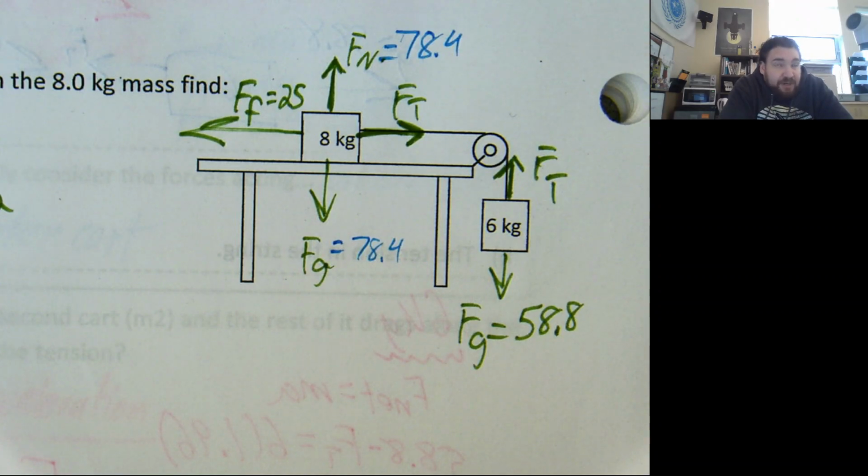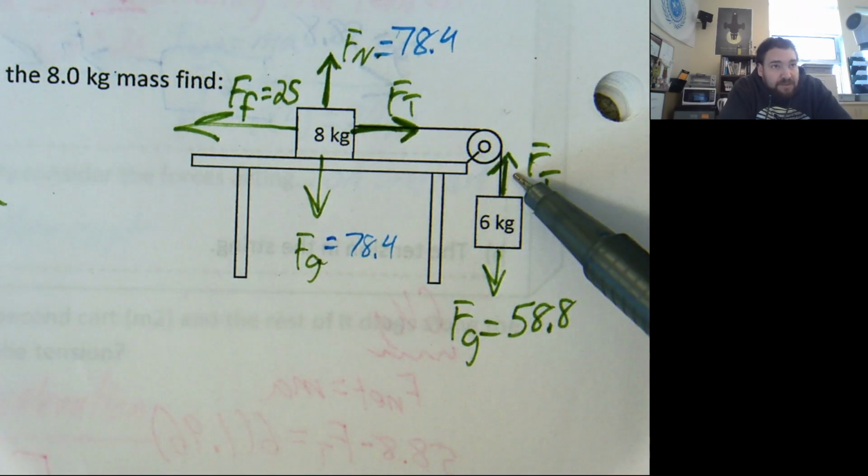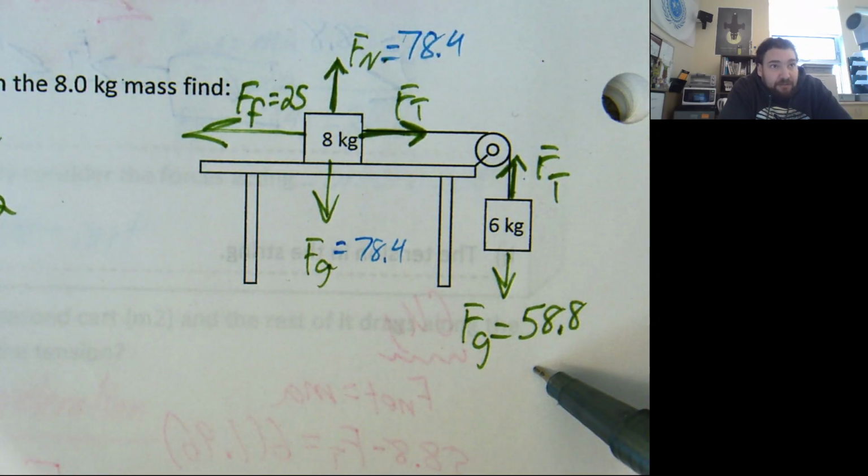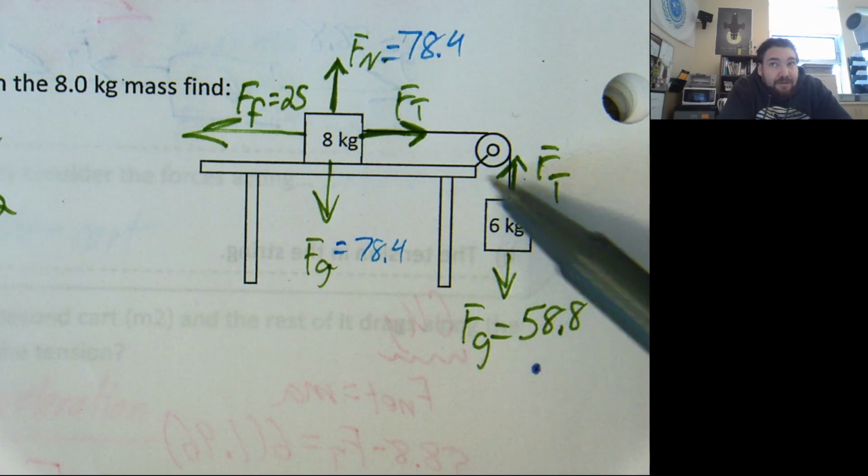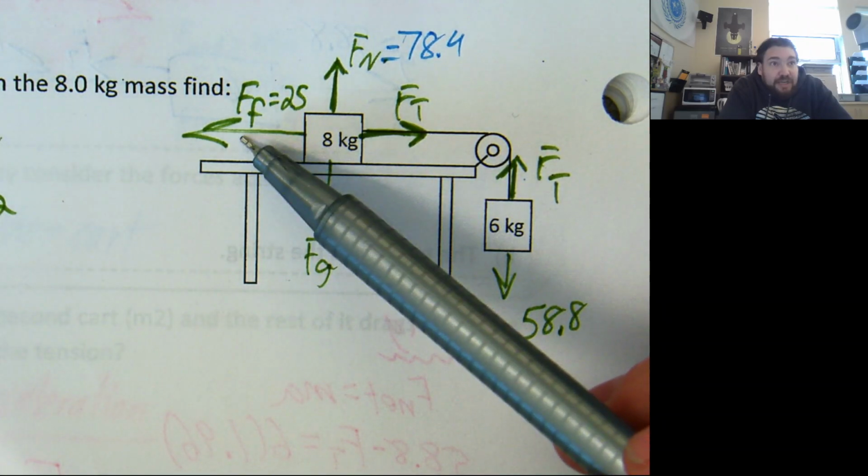So why do you say the system's not going to move? What are the forces in the direction of motion of the system? The tensions. What else? This gravity. And what else? And this friction is going to hold it back.